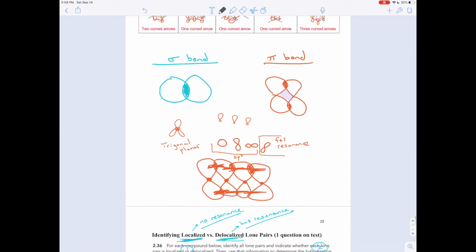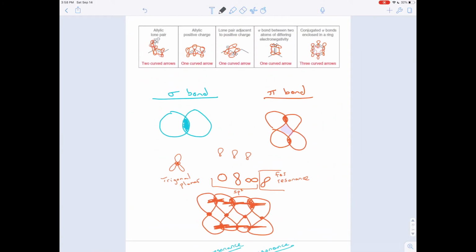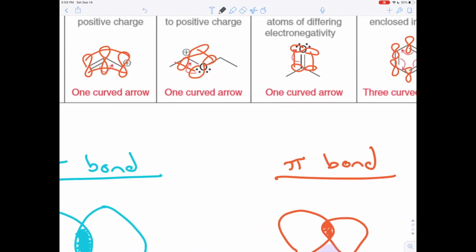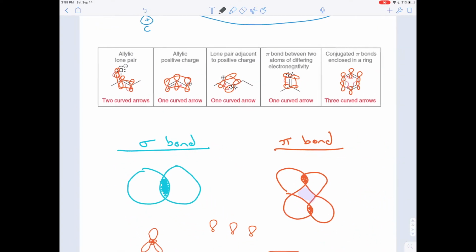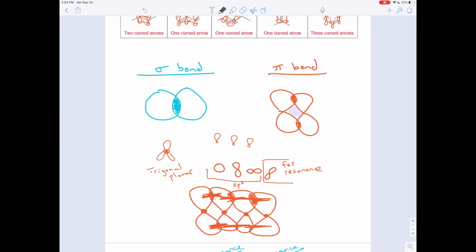So, in other words, if a lone pair is involved in resonance, then the lone pair must be in a p orbital. That's what's letting it spread out. And if the lone pair is in a p orbital, then the atom it's on must be sp2 hybridized and trigonal planar.